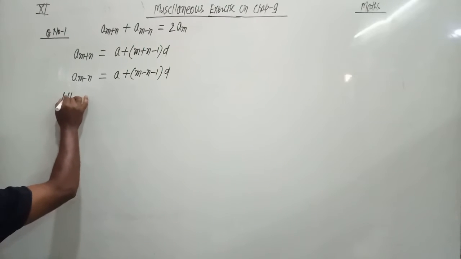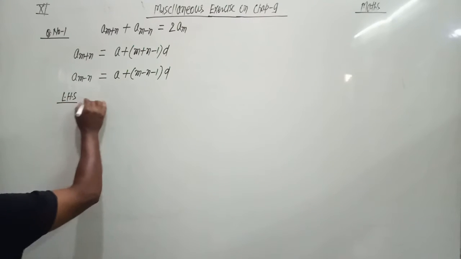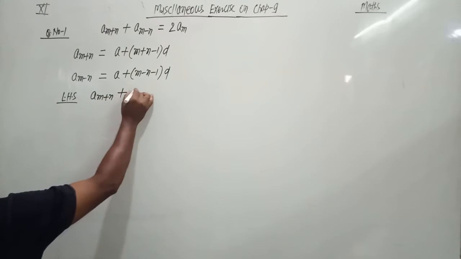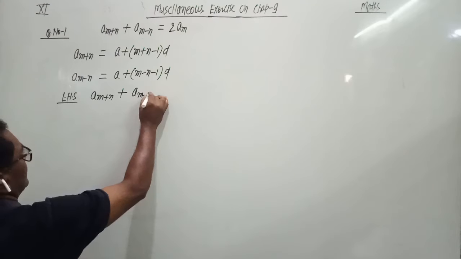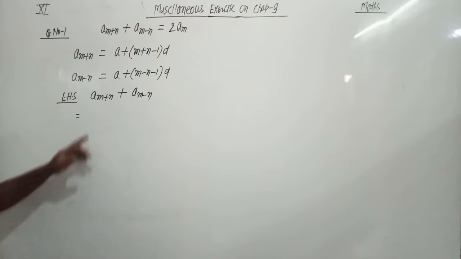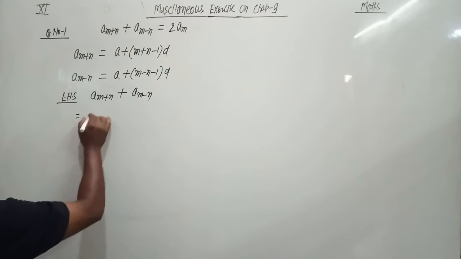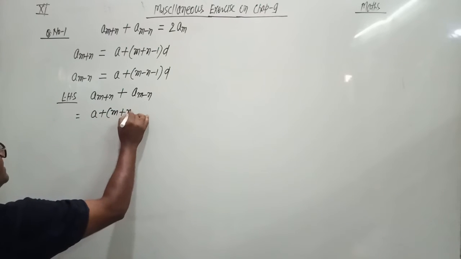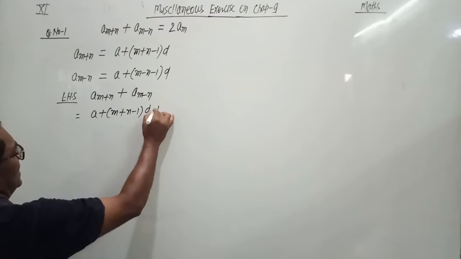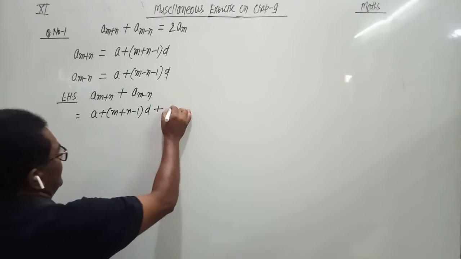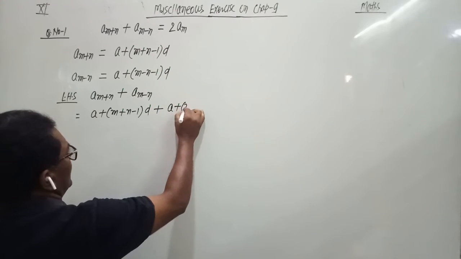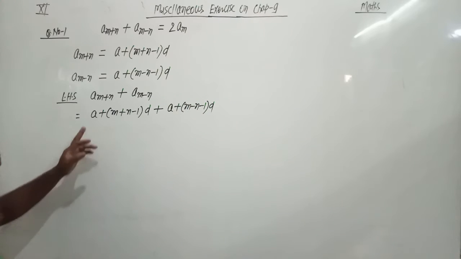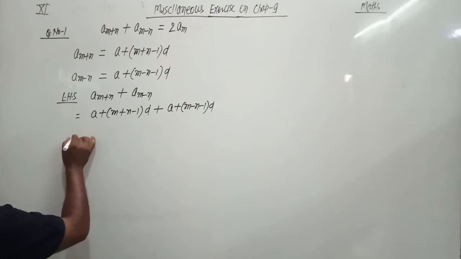Then the LHS is a m plus n plus a m minus n. Putting the values, this is a plus m plus n minus 1 into d, and the m minus nth term is a plus m minus n minus 1 into d. A plus a, we get 2a.